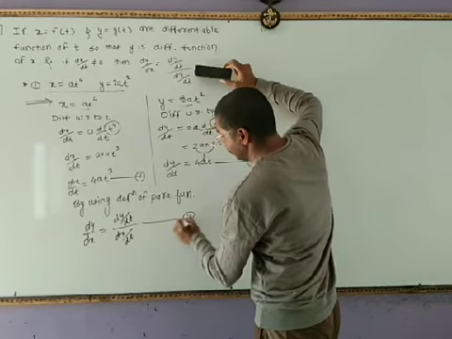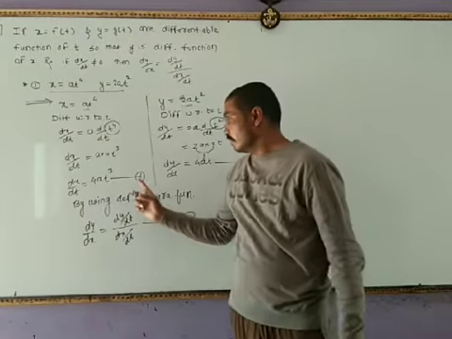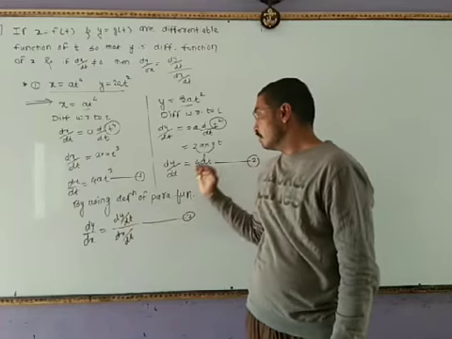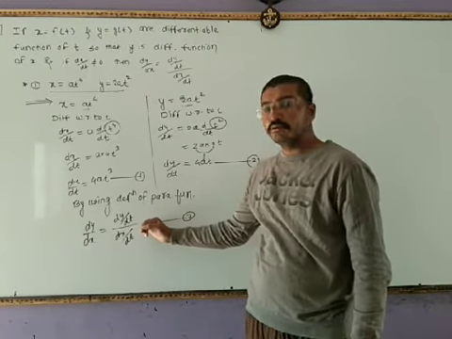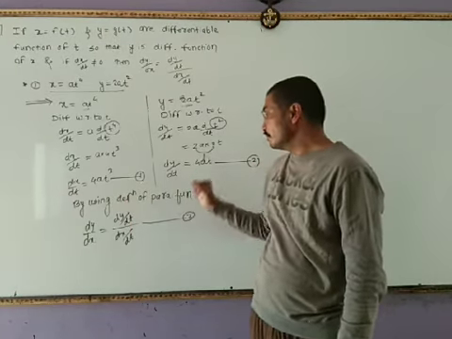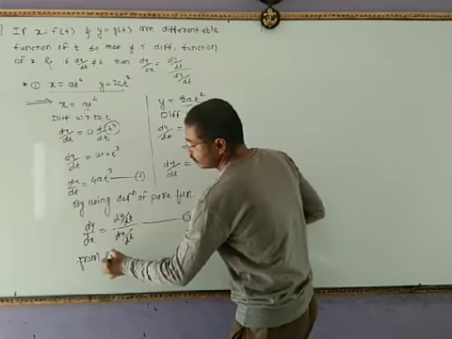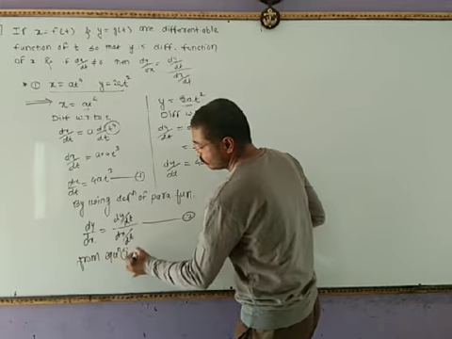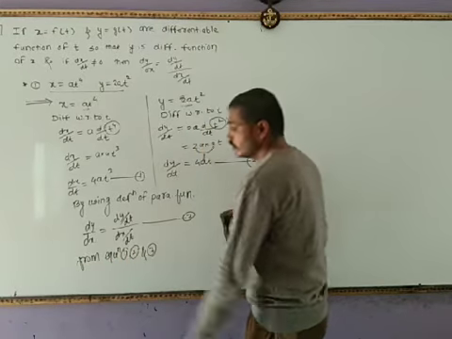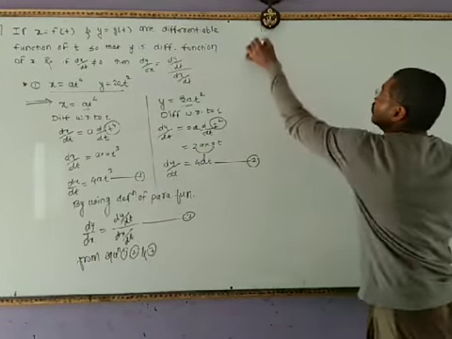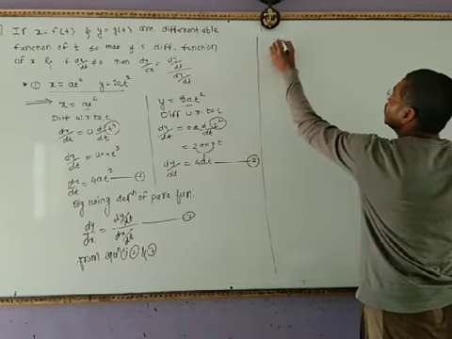This is equation 3. Now what do we do here? We put in the value from equation first and the value from equation second. So from equation 1, 2 and 3, we will get the required dy by dx.